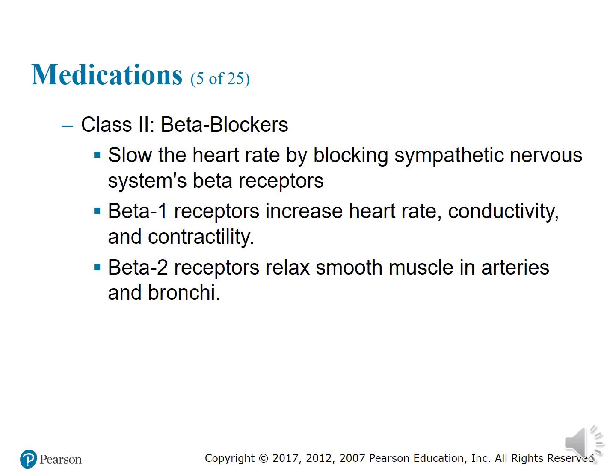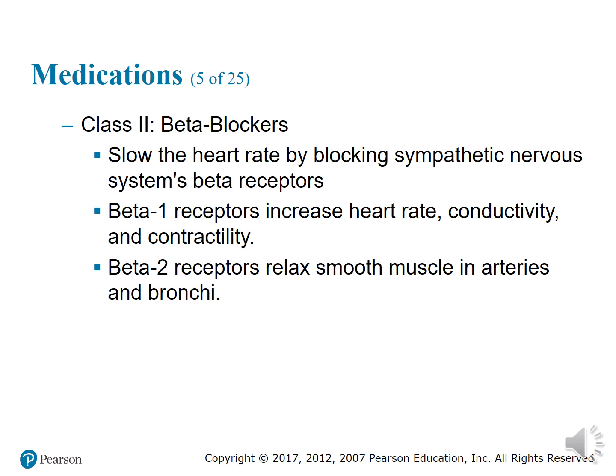Our next class of medication is our class 2 medication, which is our beta blockers. Our beta blockers include medications that help to slow down the heart rate by blocking the sympathetic nervous system's beta receptors.